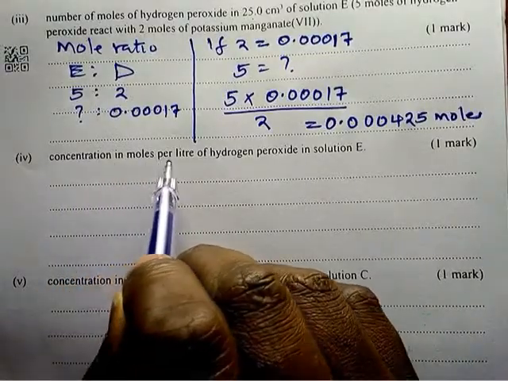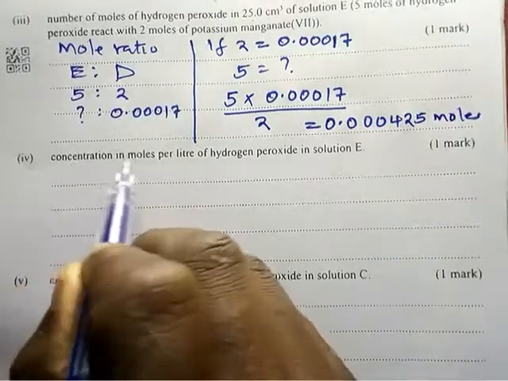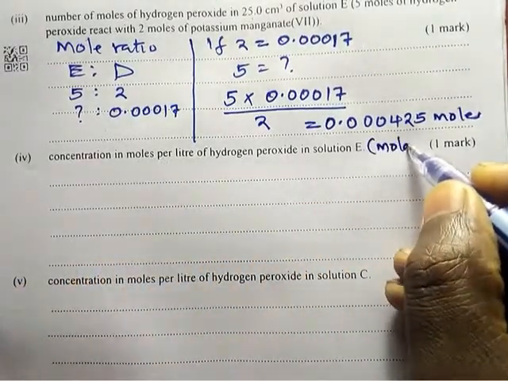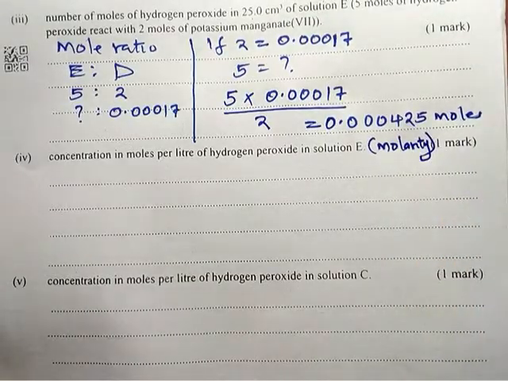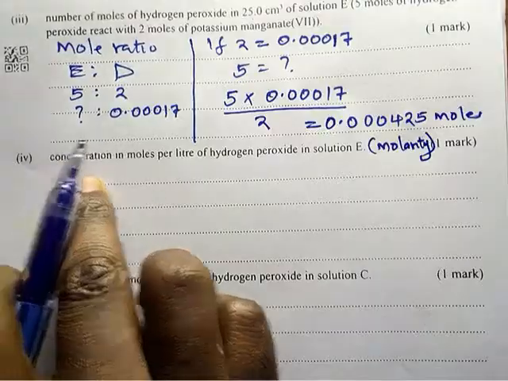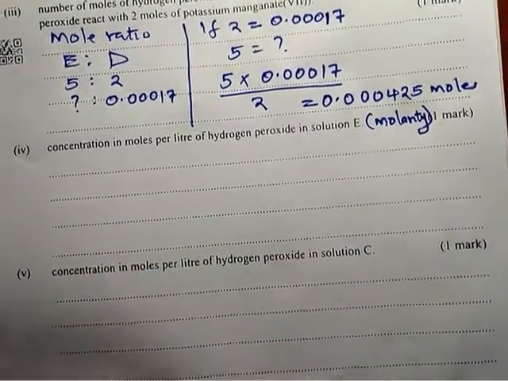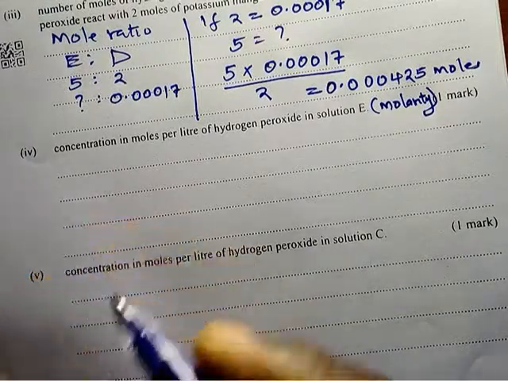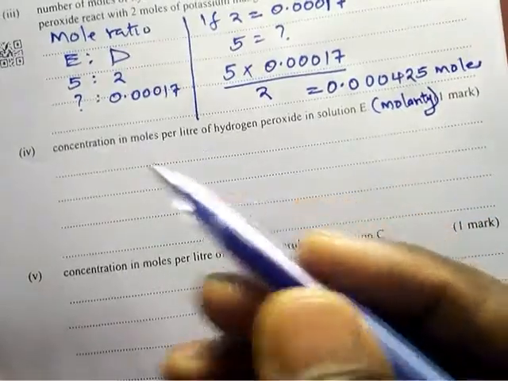Concentration in moles per liter of hydrogen peroxide. Concentration in moles per liter simply means molarity. Calculate the molarity. The molarity of a solution is called concentration in moles per liter. So there are 2 ways we can do that. Remember, a liter is 1,000 centimeters cube, that one you know.